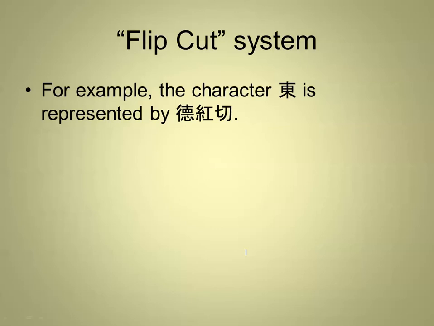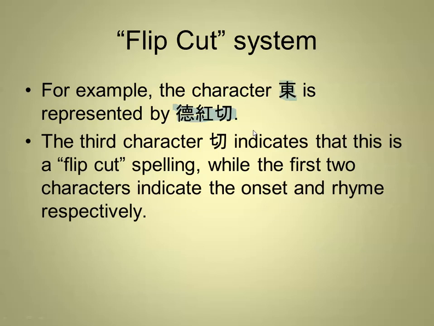For example, this character, in Japanese higashi, but in Chinese dong, is represented in the fanqie system with these three characters. So every time you look in a dictionary entry, whenever you see this character, setsu, or kiru, you know that that is a fanqie spelling. So you go to the first character and you cut off, if you will, the consonant sound of it.